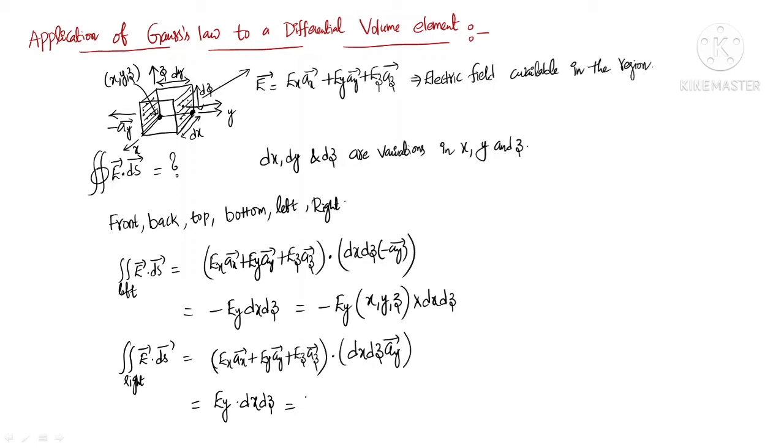Hence we need to evaluate Ey at x comma, there is only variation in y, so what is that variation? y plus dy, and you don't have any variation in z.